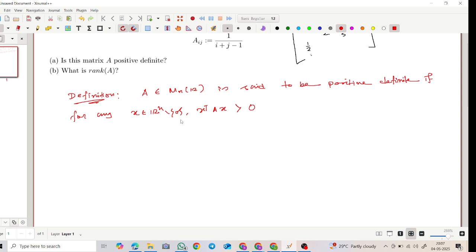That is, x transpose Ax is always strictly greater than 0 whenever x is non-zero. These types of matrices are called positive definite matrices.